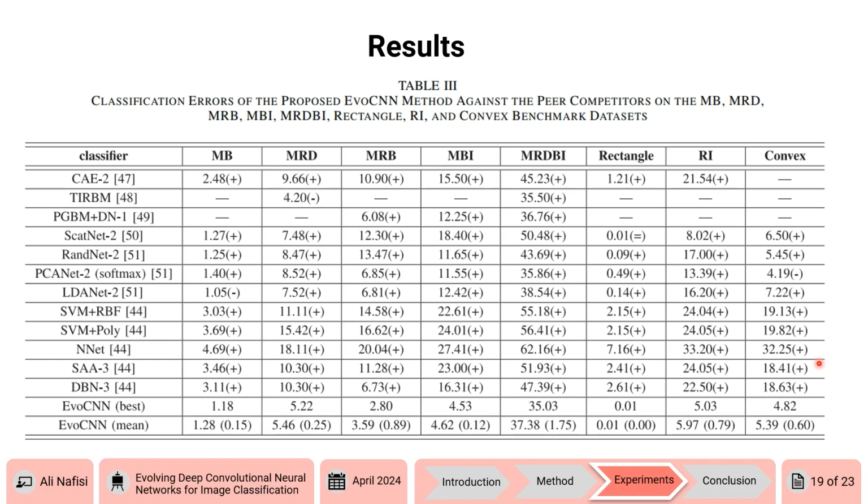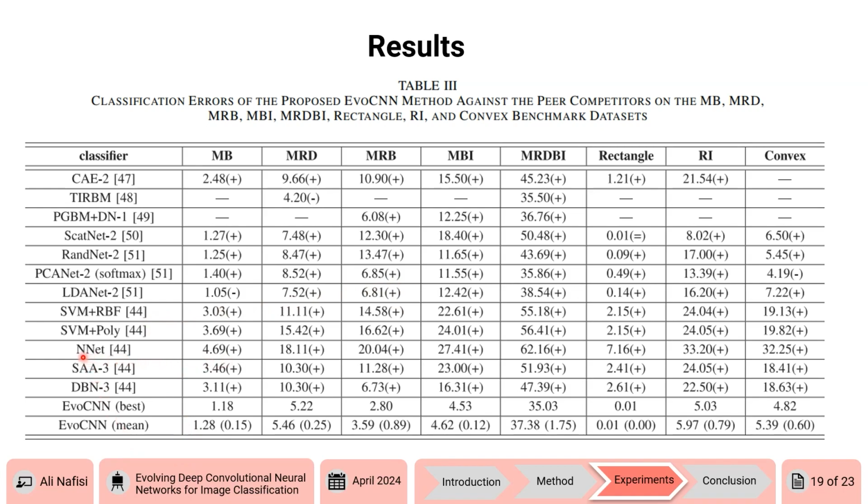Here are the results on the other data sets. As you can see, we have a plus sign or a minus sign or an equal sign next to each number. What do those mean? A plus sign means that the proposed method is better than this method, like here, the nnet method.